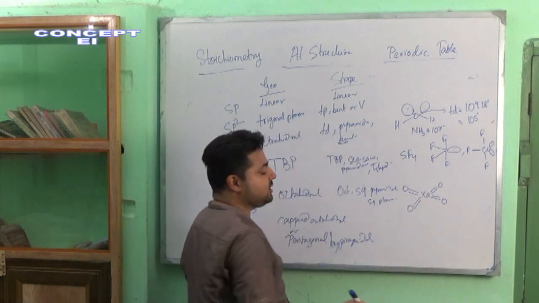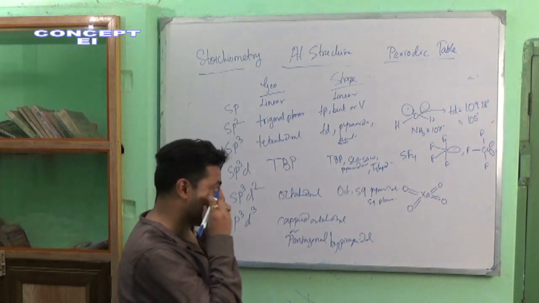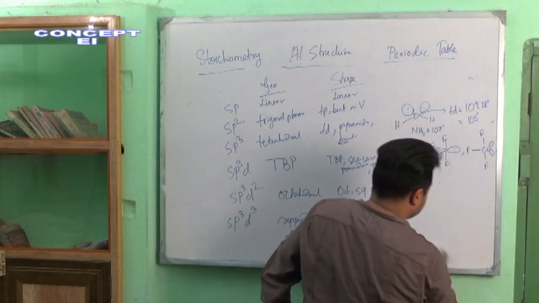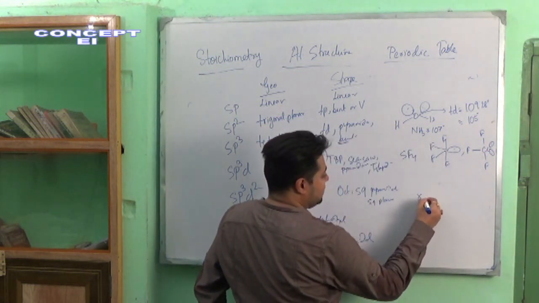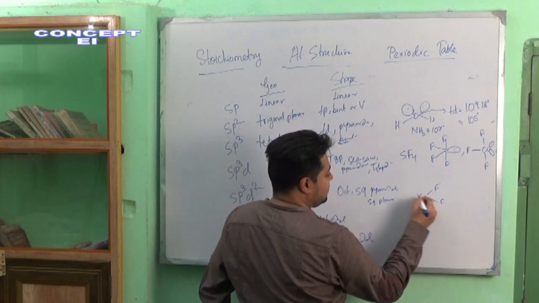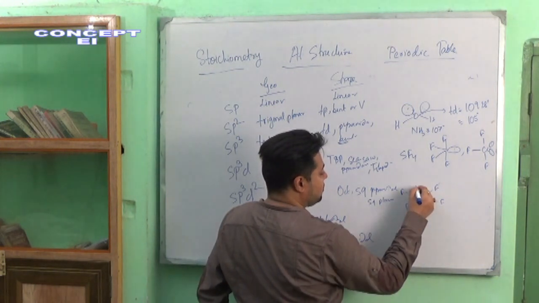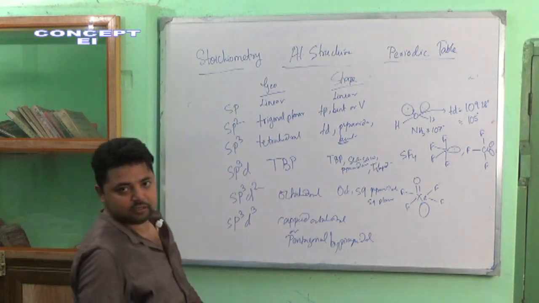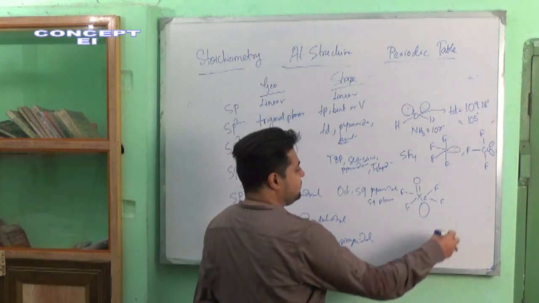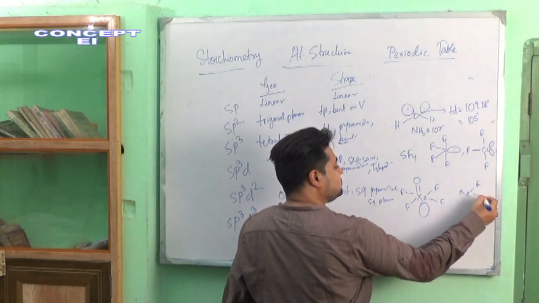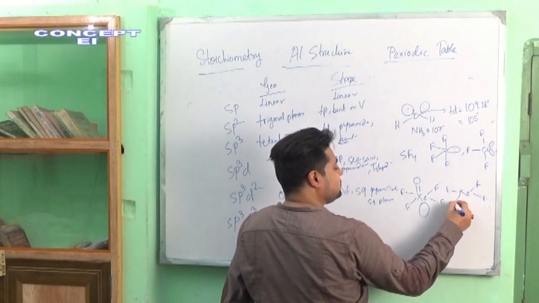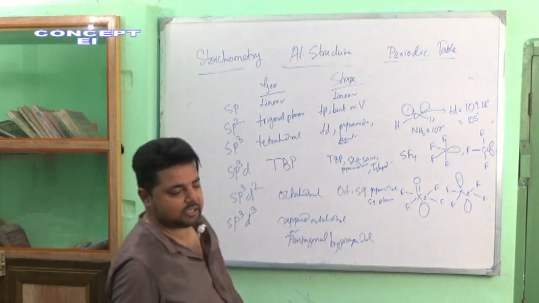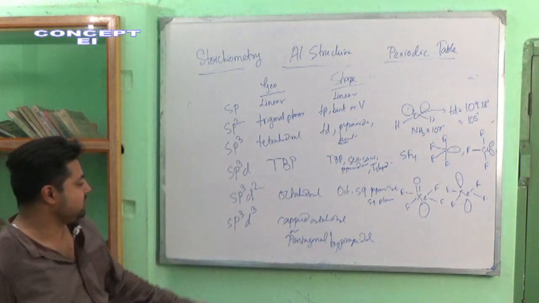XeO4 is a tetrahedral structure, not square planar. You cannot take this example here. You can take the example of XeOF4. This is the example that you can take here, or XeF4. Okay, this type of examples you can take.